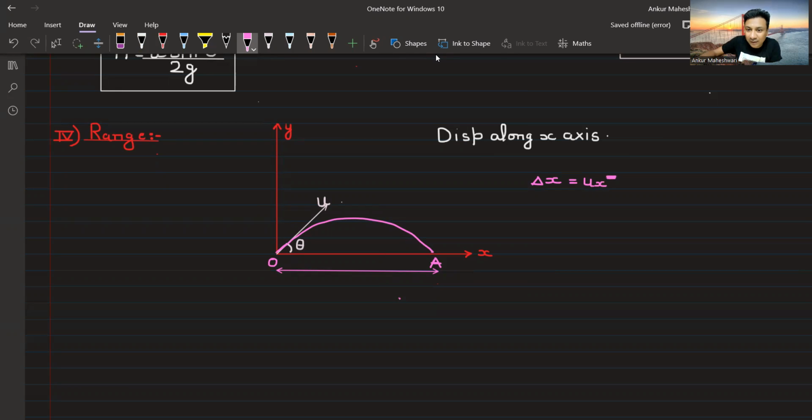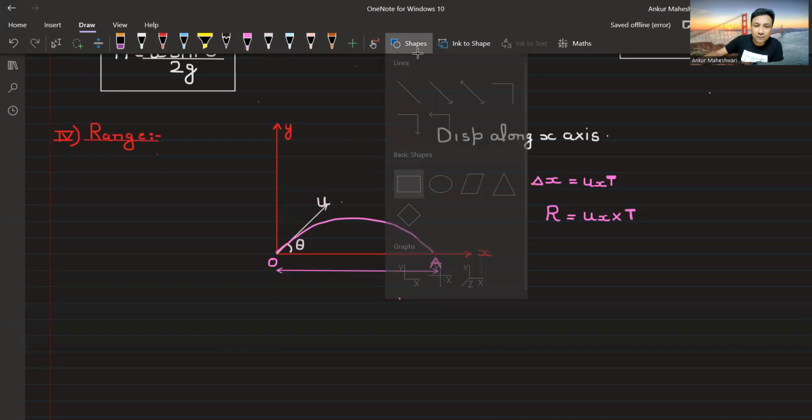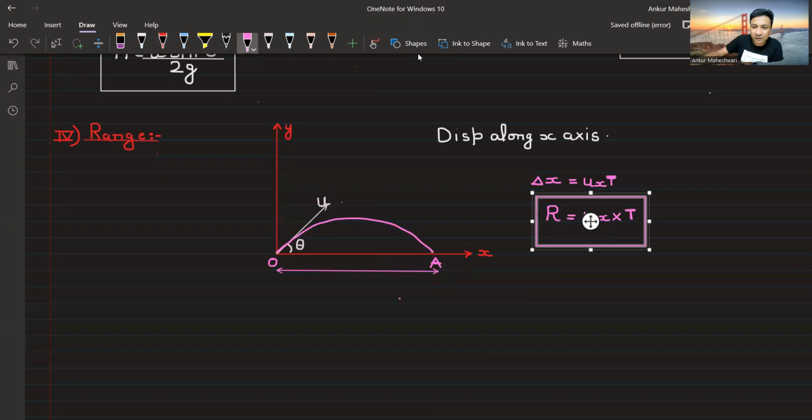So delta x becomes ux into t. So delta x can be written as capital R equals ux into t. Okay, this is the first form of this range.